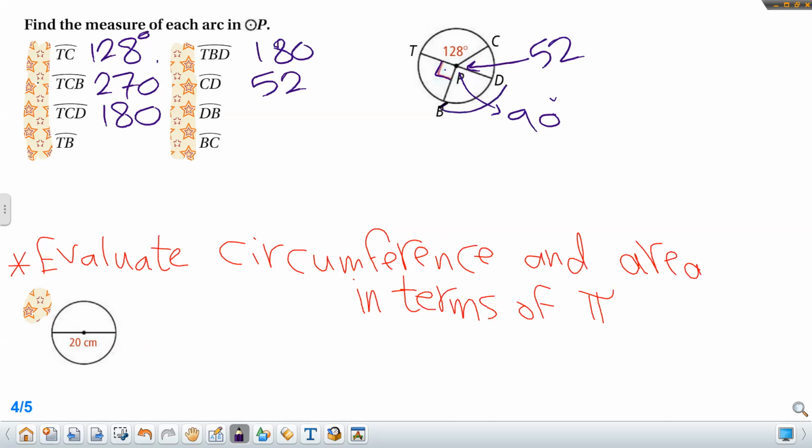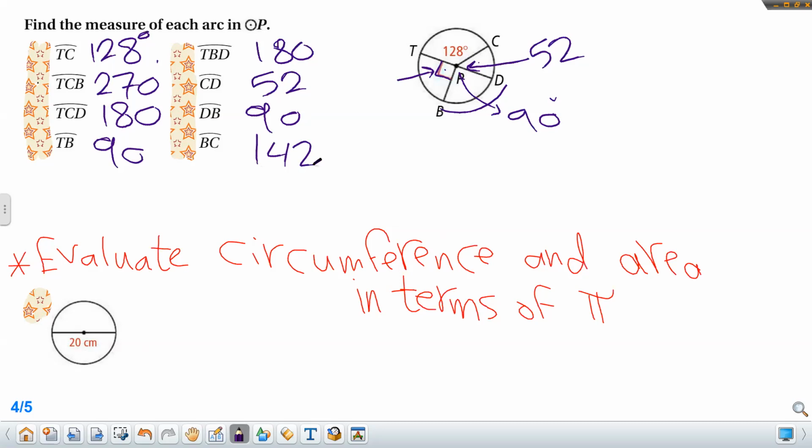DB is opposite to an angle of measure 90, then the measure of this arc is 90. TB is opposite to an angle of measure 90, so its measure is 90. And the last one, BC. BC is opposite to an angle containing two angles, 52 and 90, so we can add 52 and 90 to be 142.